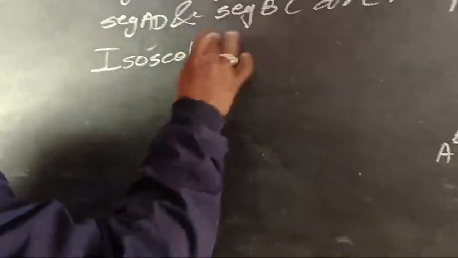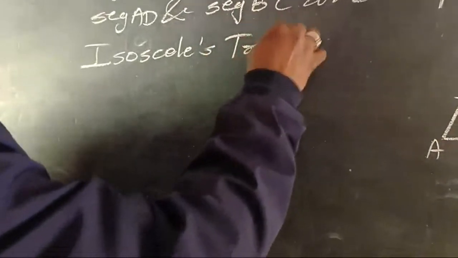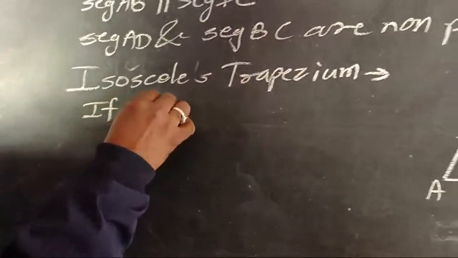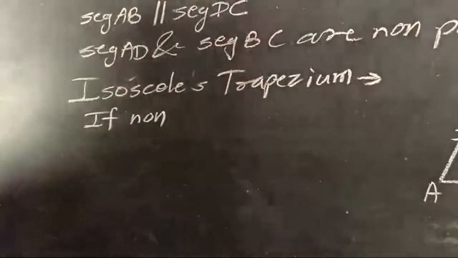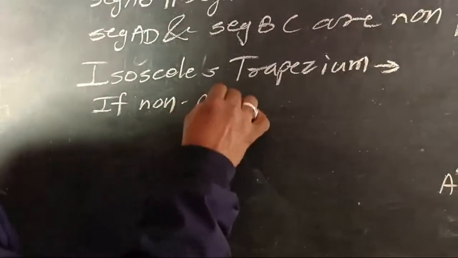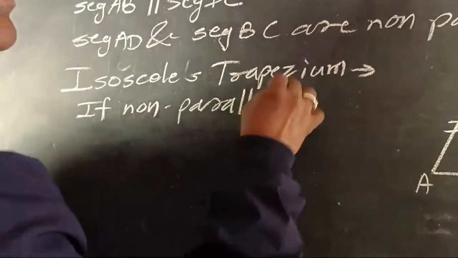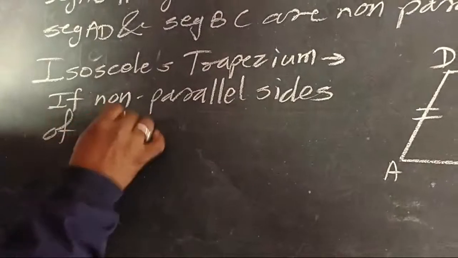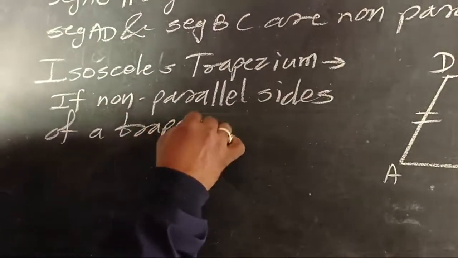Isosceles trapezium. If the non-parallel sides of a trapezium are congruent, then that quadrilateral is an isosceles trapezium.